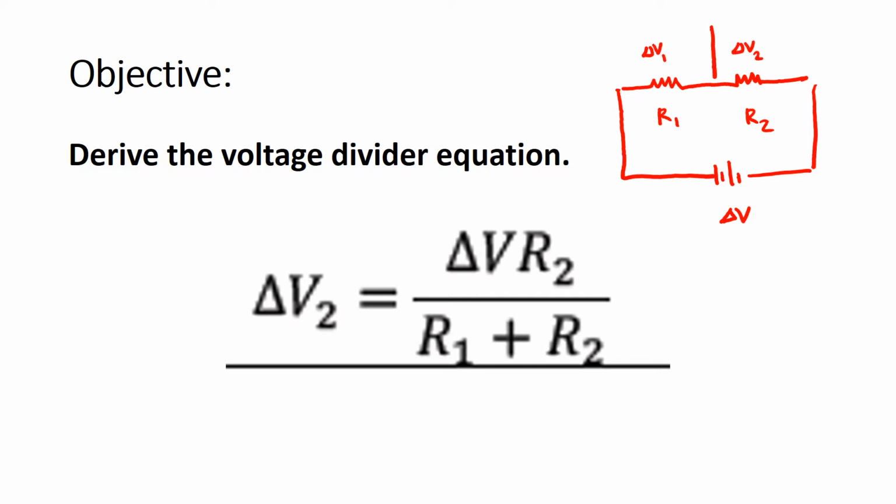If we want to know the voltage across the second resistor, or V2, that is just equal to delta V multiplied by the value of the second resistor divided by the sum of R1 and R2. We will be deriving this equation in the next slide.